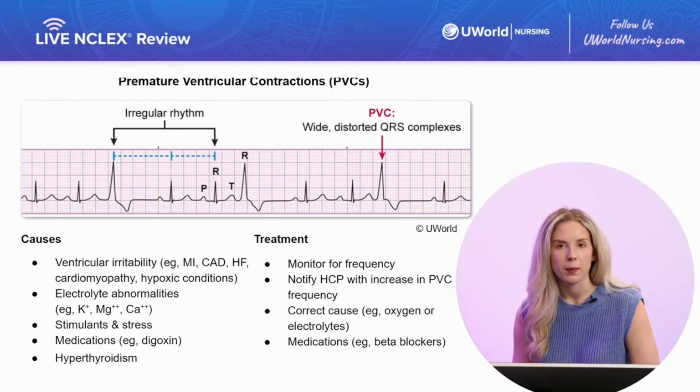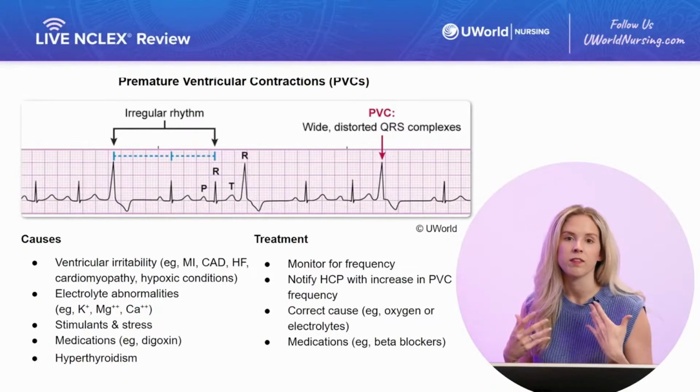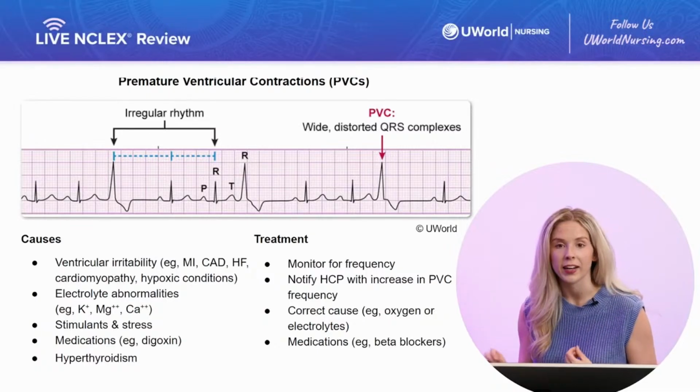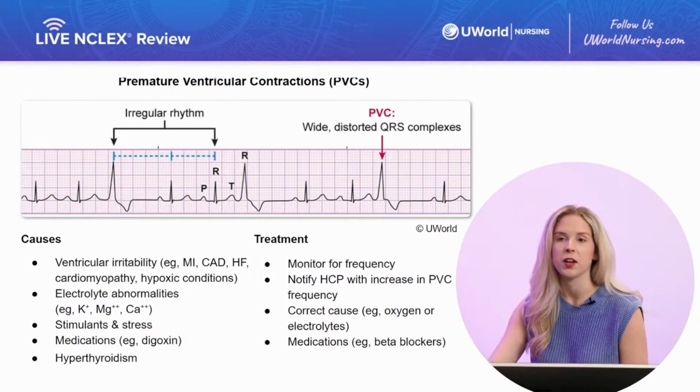This can also happen when we have something called the R on T phenomenon. So what happens with this essentially is during the time when our ventricle is relaxing, an electrical impulse is going to fire. This can trigger ventricular tachycardia or ventricular fibrillation.